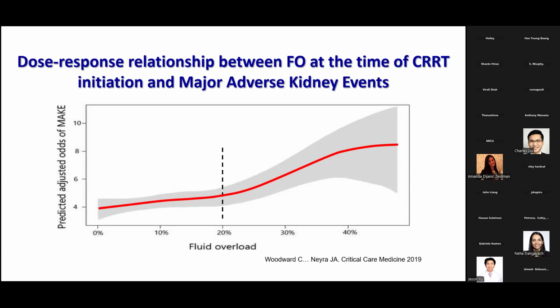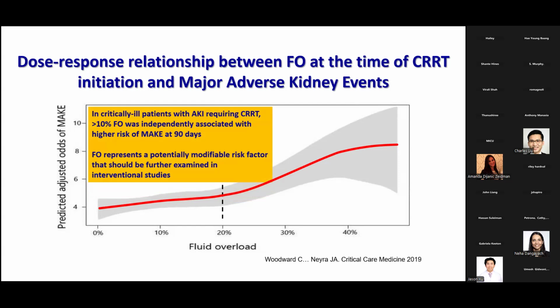And we evaluated the outcome of major adverse kidney events. That is a composite outcome that combines mortality, dependence on dialysis, and also a deterioration in the GFR from baseline of 50%. So as you can see, it's not a completely linear relationship, but there is a dose-response relationship with higher fluid overload, evaluated at the time of initiation of CRRT, and the probability of a patient developing MAKE.